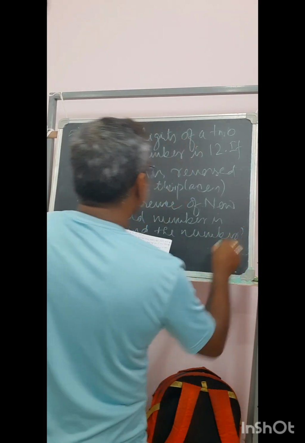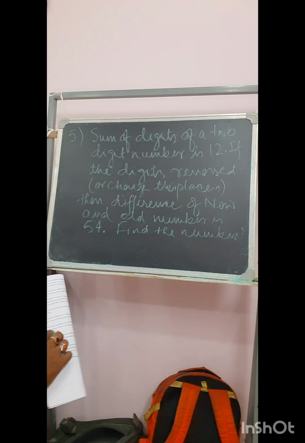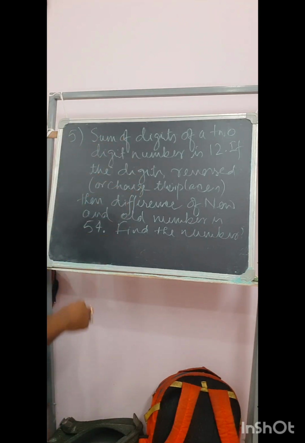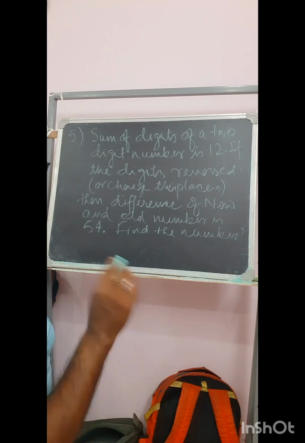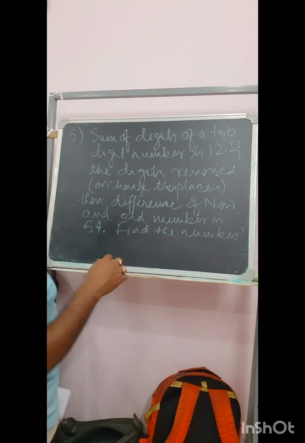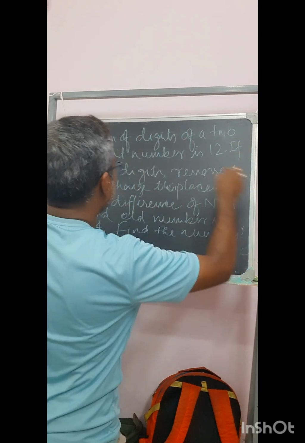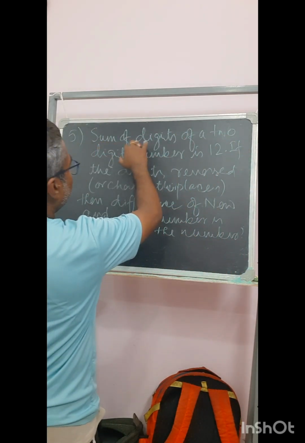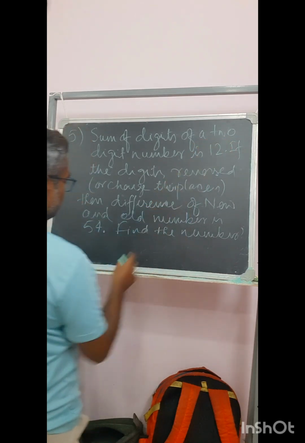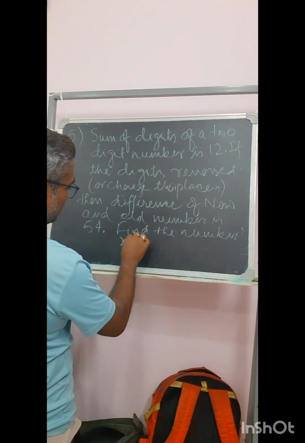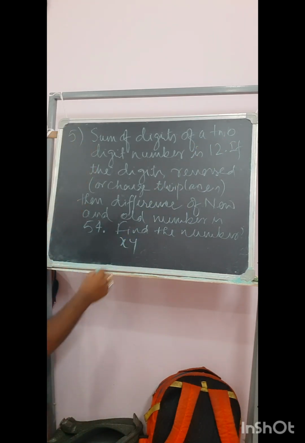Now this is a different kind of problem. Here also some things are known, understood by the examiner, so that is not explained in the problem. Let's say I am assuming a 2-digit number xy, so that means y is the ones place, x is the tens place.